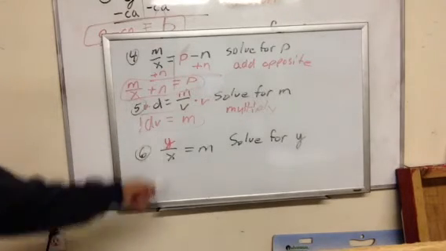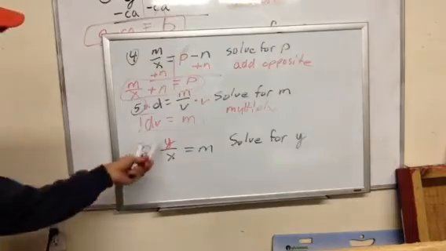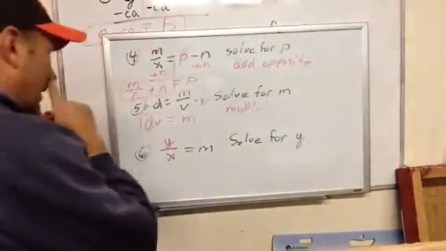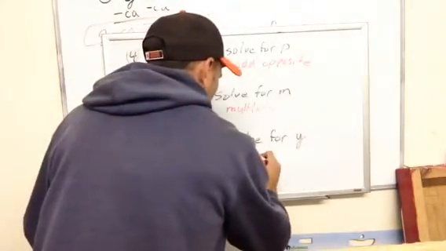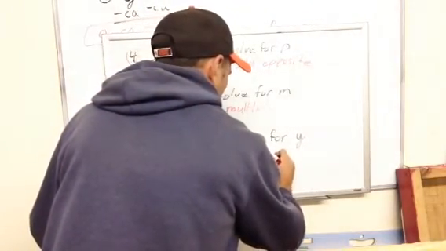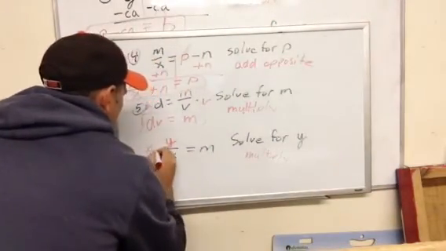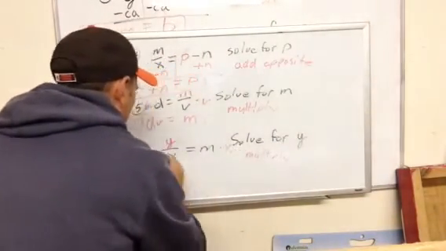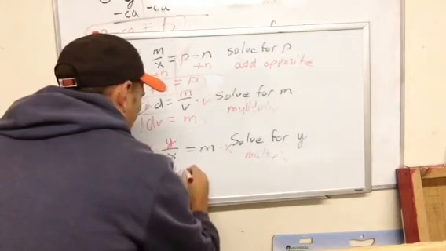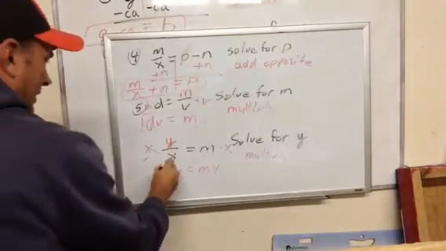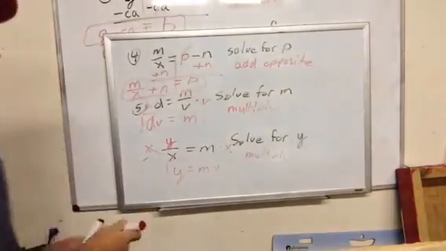What is the x doing to the y? It is dividing, so the opposite of division is multiply. So I want to multiply both sides by x. The x's cancel here, and we are left with y equals m times x. And we have the y value by itself.